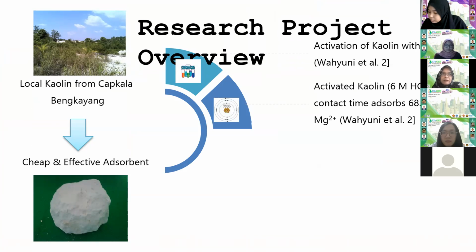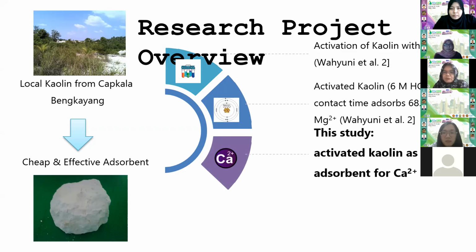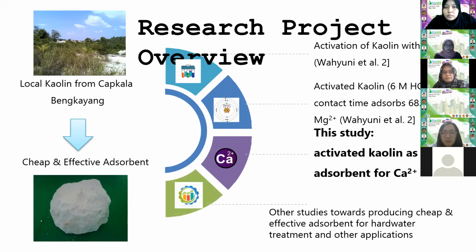We have presented this activation method in another seminar. And from that paper, we found that kaolin activated with 6 molar hydrochloric acid can absorb 68% of magnesium. And in this research, we use this kaolin to absorb calcium.